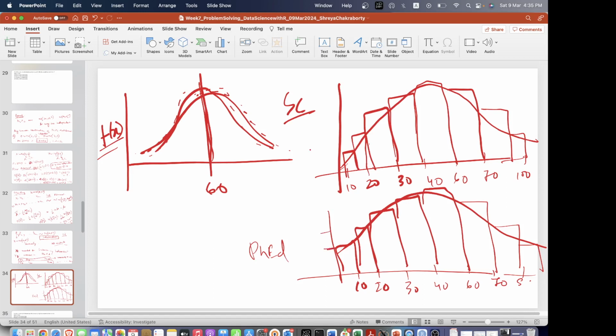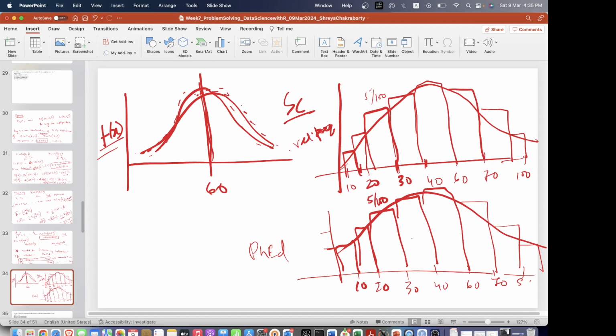So the y-axis would give you the relative frequencies. Let's say between 30 to 40, 5 children have got it, so relative frequency would be 5 by 100. Here also between 20 to 30, 5 people have got it, and the curve is normally distributed like this approximation, it's symmetric.